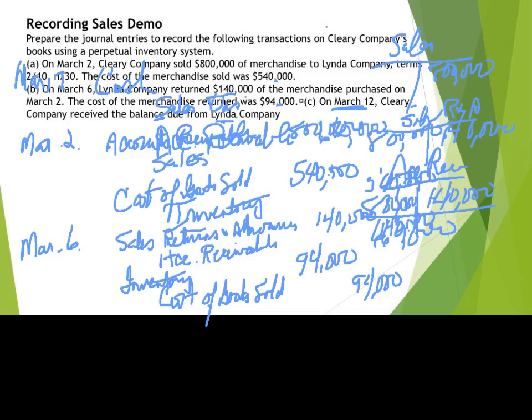I'm sorry, the sales discount is over here. Debit sales discount, and I take 2% of that, which is 13,200. And they pay me the balance, which is cash of 646,800. Apologize for that little slip up, but I can't redo this whole video just for that. So please forgive me.